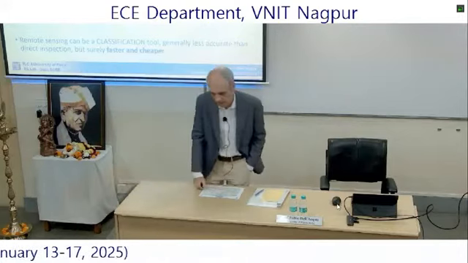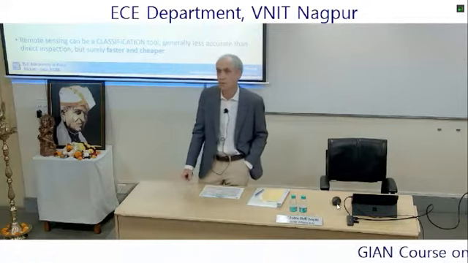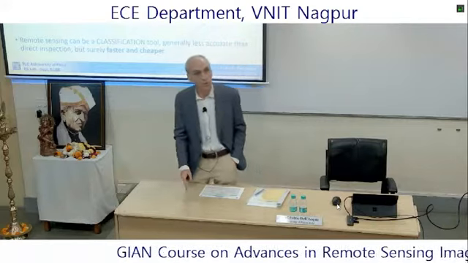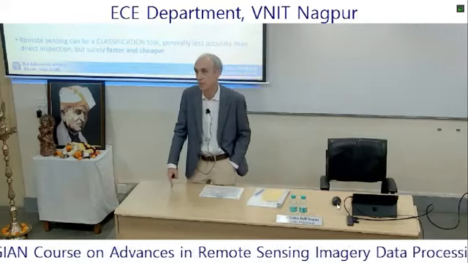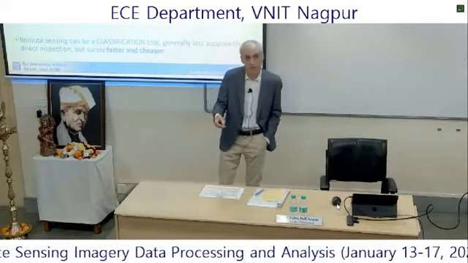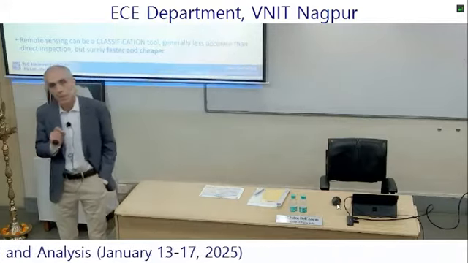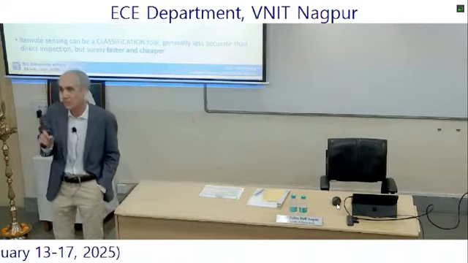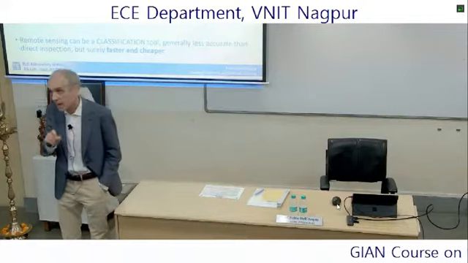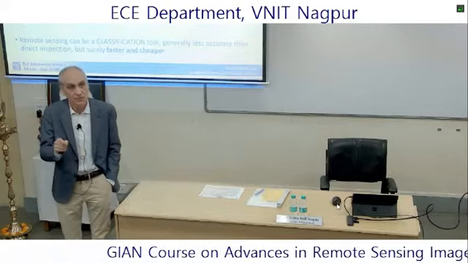Because, picking up again the example of road versus parking lot, if you look at the spectral response, it is the same material, same spectral response. So you cannot distinguish them based on spectral response alone. You will probably have to look at other variables. Like in this case, road versus parking lot, probably you can do without other sources, because if you have sufficiently fine spatial resolution, you can leverage spatial information.